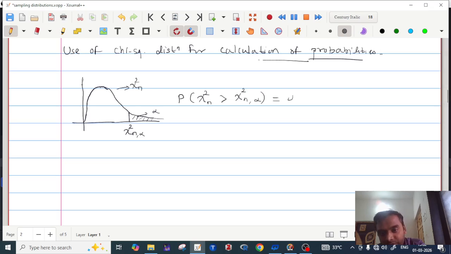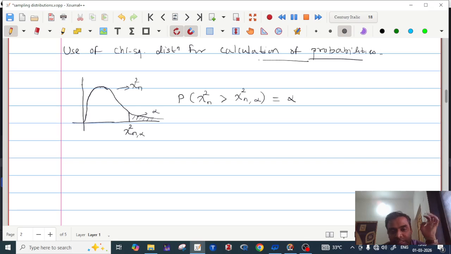This is the graph of chi-square n. We can get these probabilities of greater than from the statistical table. In the statistical table, the first column on the left is of degrees of freedom. Inside there are points, and at the top there are the probabilities.